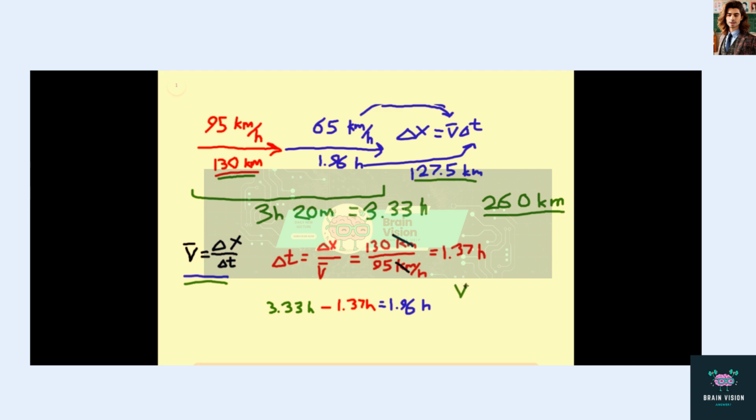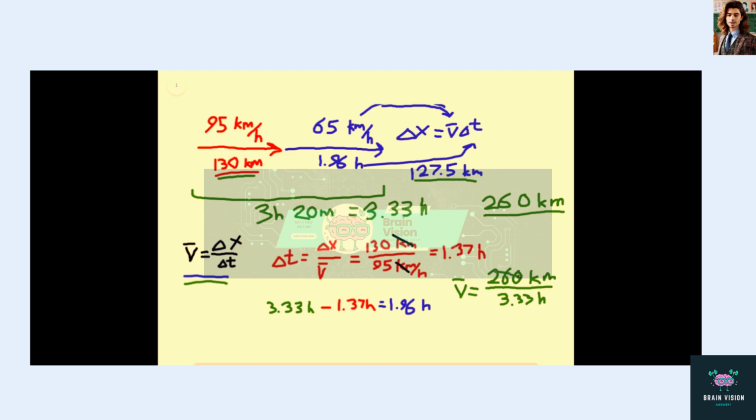So we can just get that our overall average speed is the quotient of those two things. And now we're taking both legs of the journey together as one piece of travel and looking for the average speed. So 260 kilometers divided by this 3.33 hours.